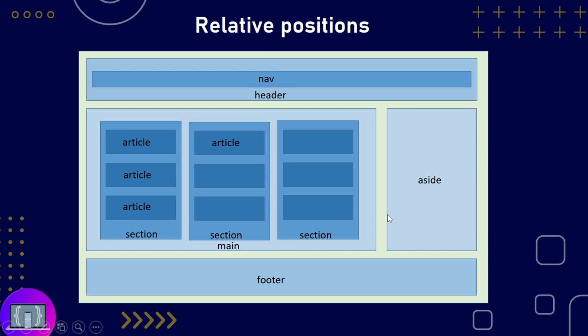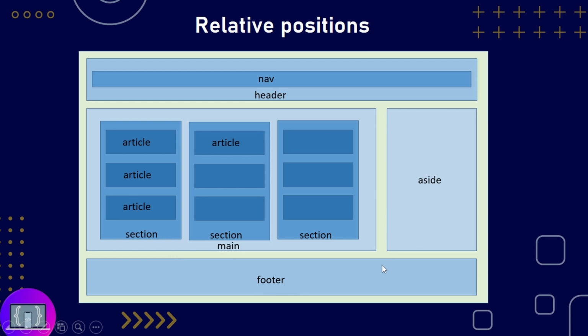So the browser can move the aside and place it below the main content. Given that the main content is what the viewers want to see on landing on your website directly, the mobile screens not having enough space can move the aside content to be below the main content of your website, and that's actually a good user experience.